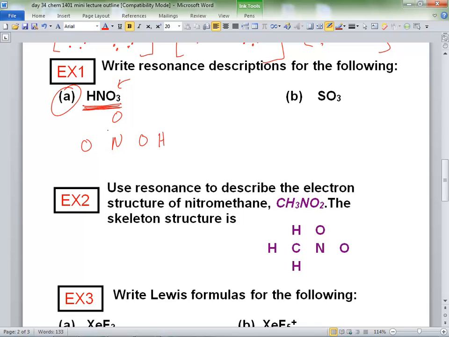So remember your structure for A on EX1 is N in the center, but H has to be on one of the oxygens, not on the nitrogen. Yeah, start with this one.